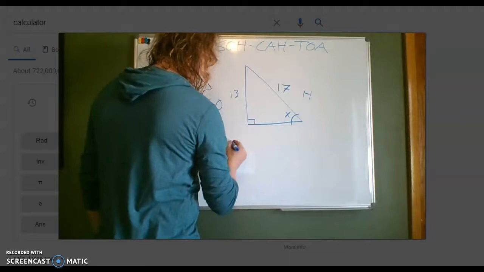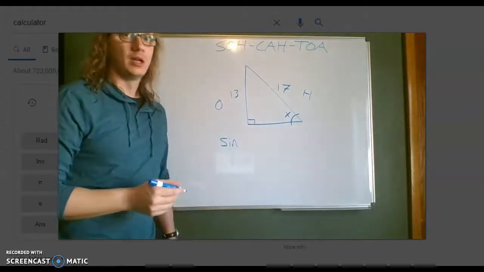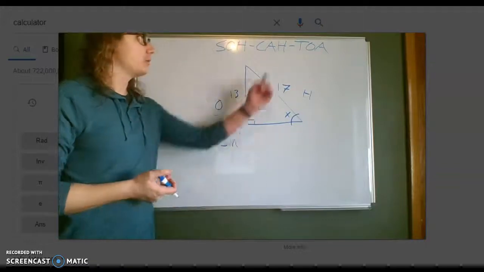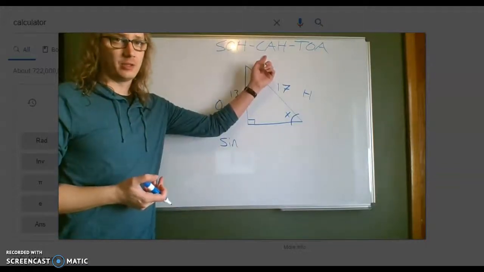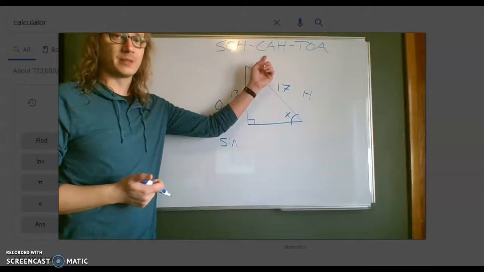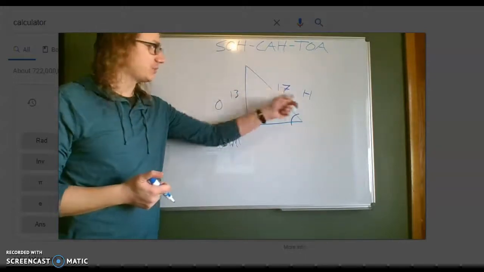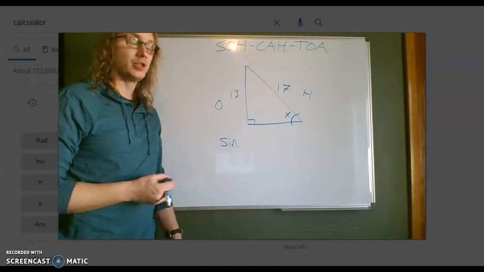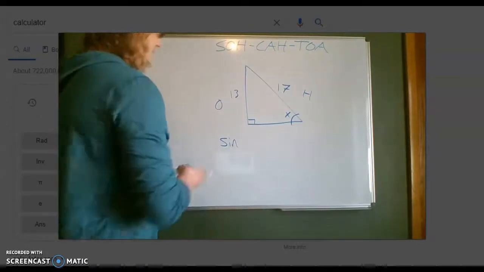You have to take your time with this. Do not just say cosine or something like that. I would write this down and have it available to you every single time you do one of these problems, and go through this process of what sides do I have, and therefore which trig ratio do I need.